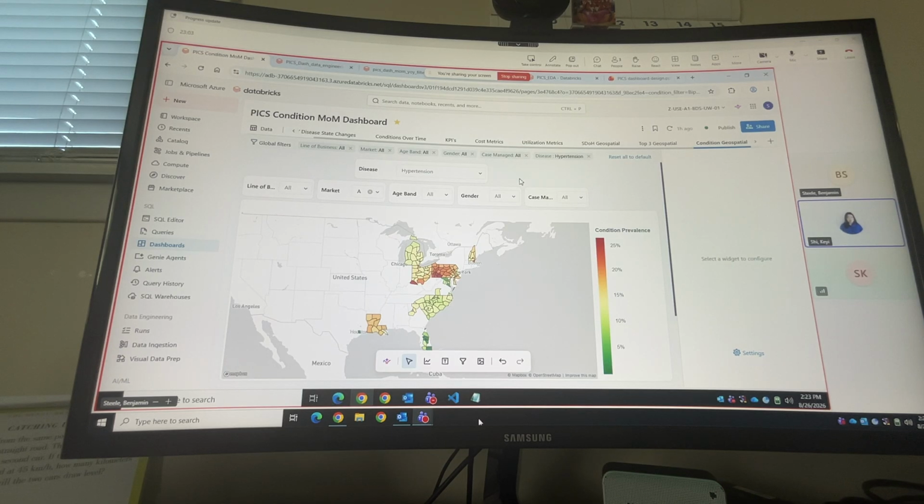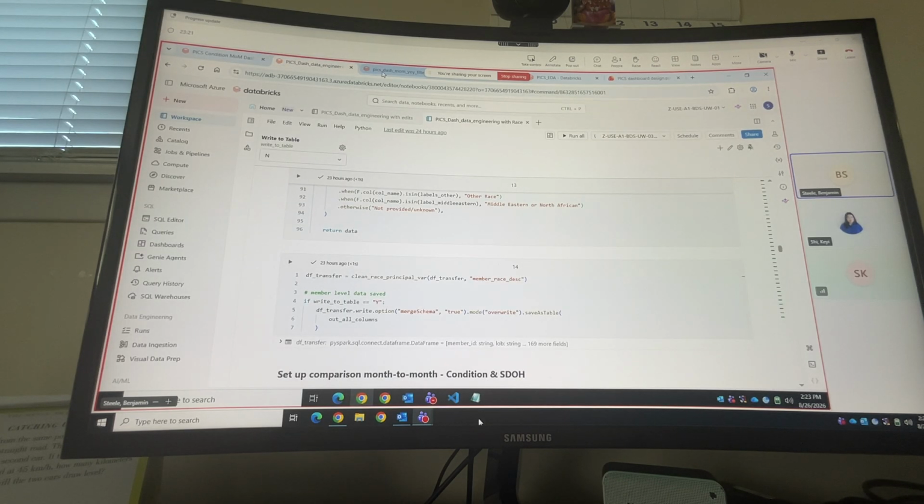I think we probably have to update the coding to add it to all the tables. Right, yeah. I don't know how you want to handle that. I could try to go throughout the notebook and add the code.